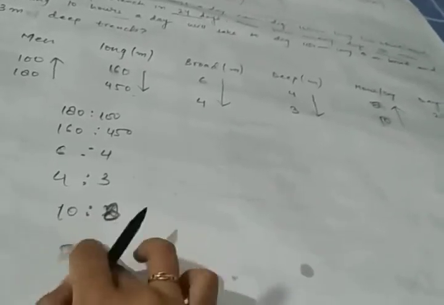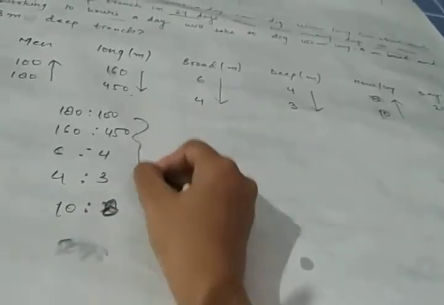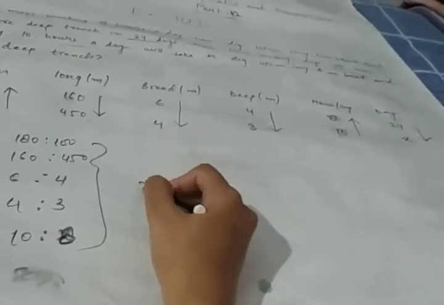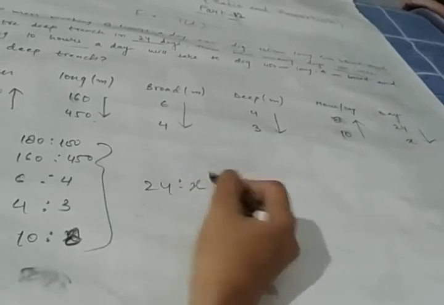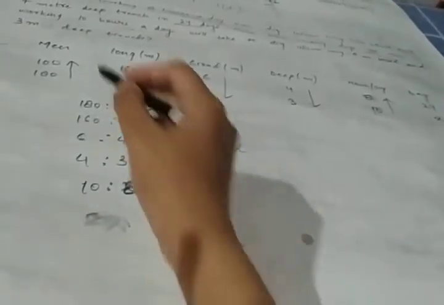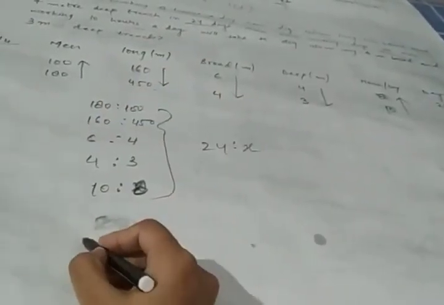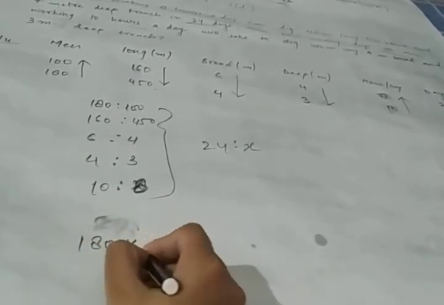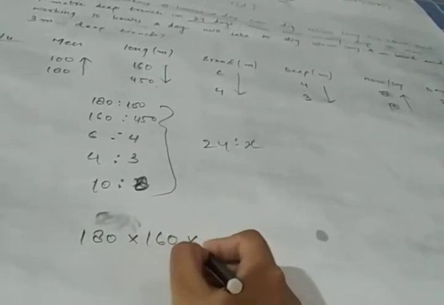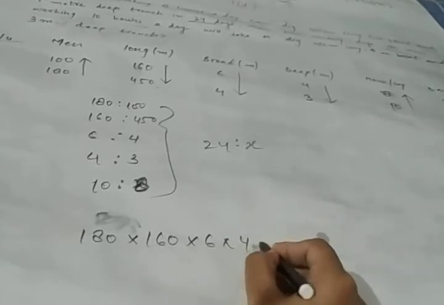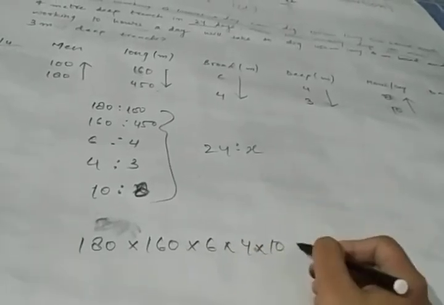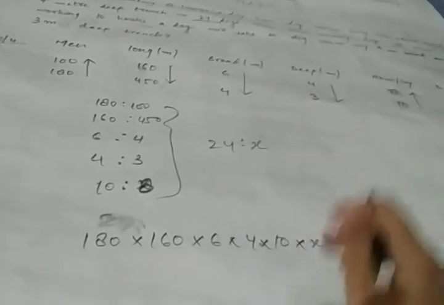Yes, we have to find this. So we write 24 into x. Multiplying on one side, we write it in this form: 180 into 160 into 6 into 4 into 10 into x.